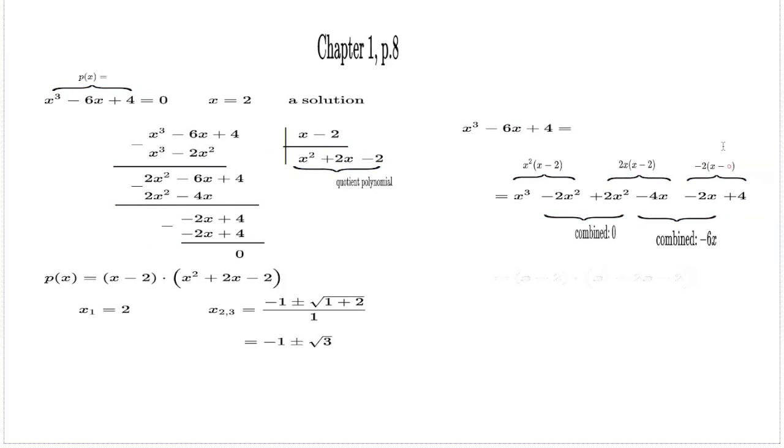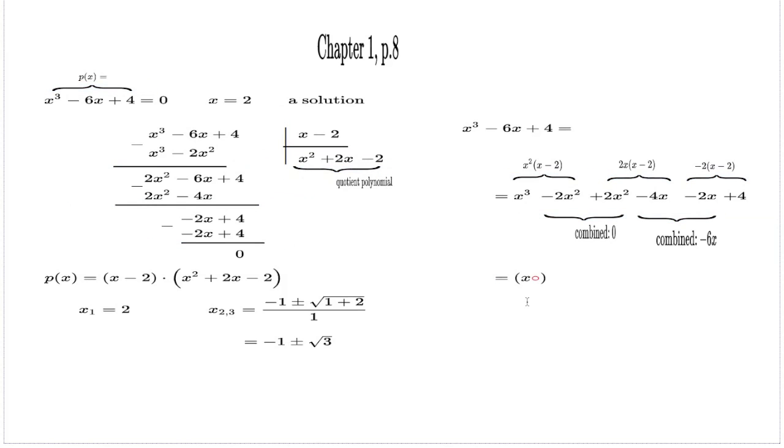These terms happen just to produce another bracket x take 2, because they have a common factor negative 2. And we're almost done. Here's my bracket x take 2, here's my bracket x take 2, here's my bracket x take 2. I can now factor this bracket out.